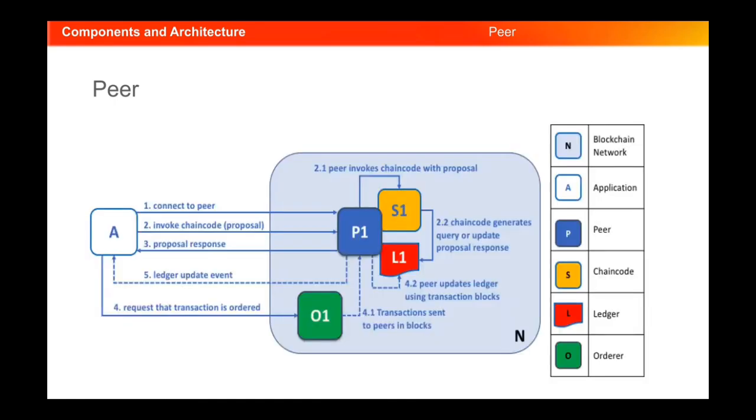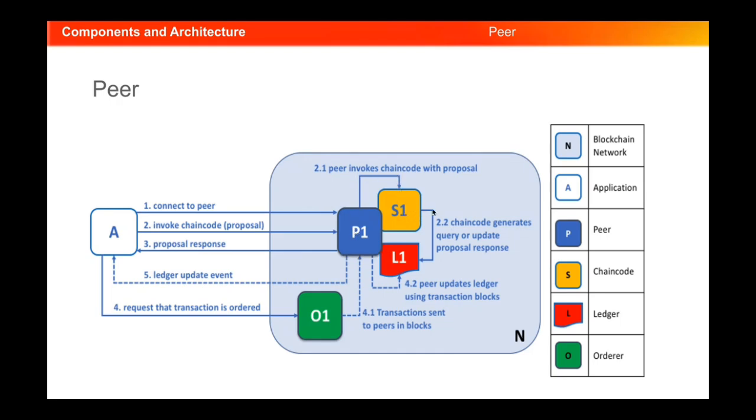Let us see what that means. When a ledger query happens, the application connects to the peer. When the application connects to the peer, it invokes the chain code on the peer. First, the peer invokes the chain code with the proposal.